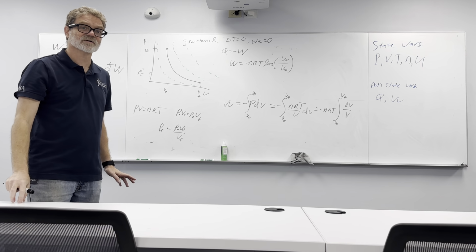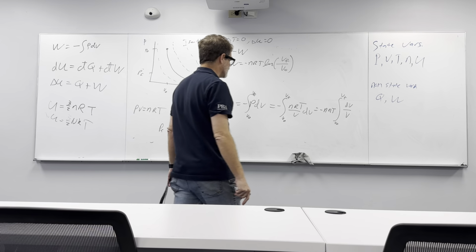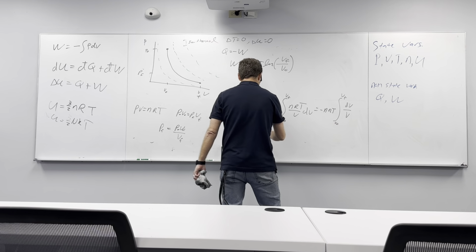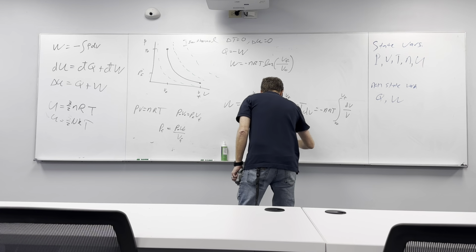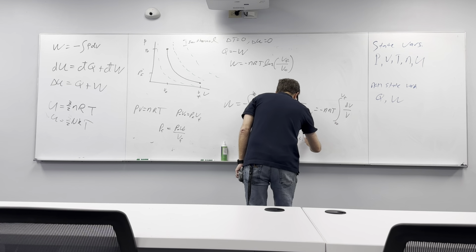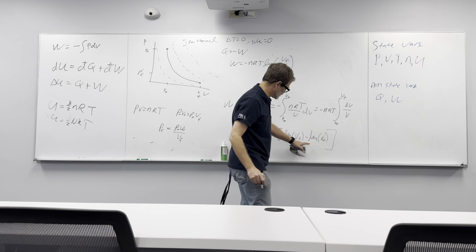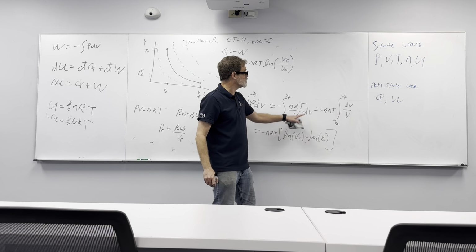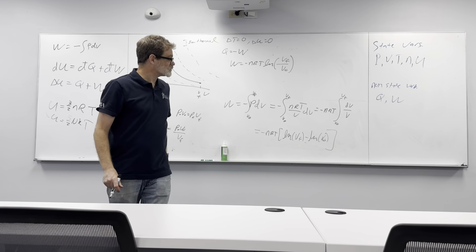Everybody remember that from logs? Matthew, you remember that? Deep down? Okay, I'll do it for you. So I get minus nRT times the ln of V final minus the ln of V initial, and when I subtract logs, I can write them as divided. So that's the work in this process.